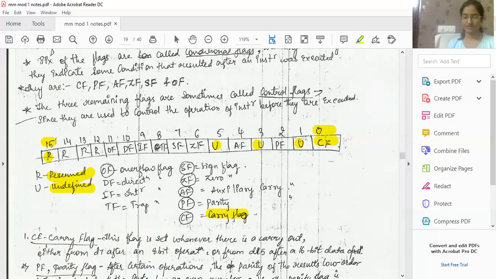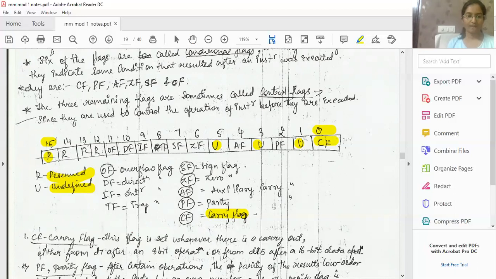And if your processor is performing a 16-bit operation, then if the 15th bit generates any carry, your carry flag will go high. Go high means 1 will be loaded in the carry flag bit of the flag register, depending on the number of bits involved in the operation.